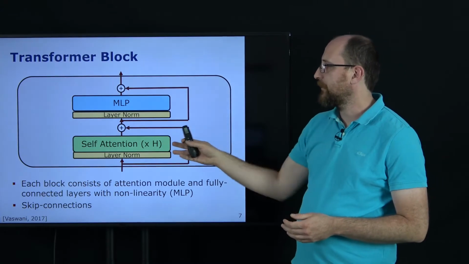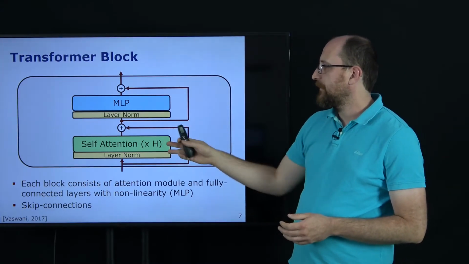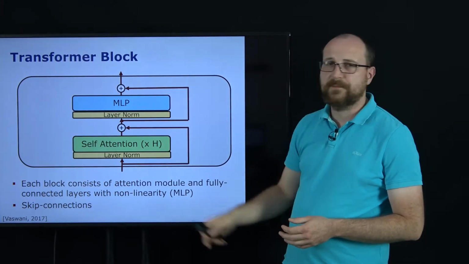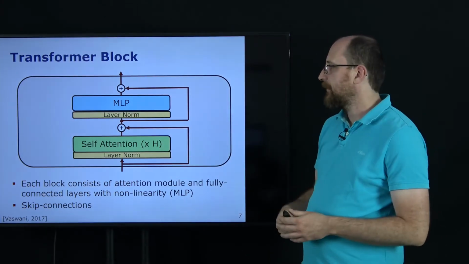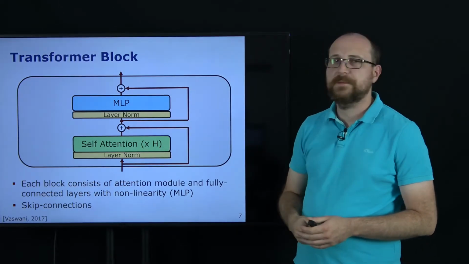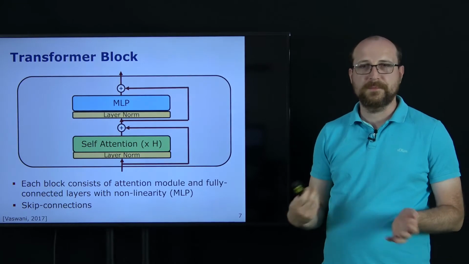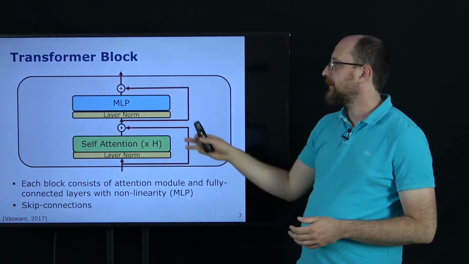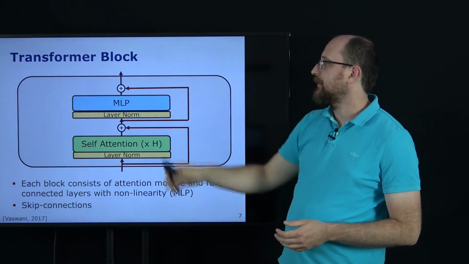In the first part we have the self-attention block, with h times the self-attentions, and then in the second part we have a multi-layer perceptron, a fully connected layer with a non-linearity in between, and this then gives us the output.